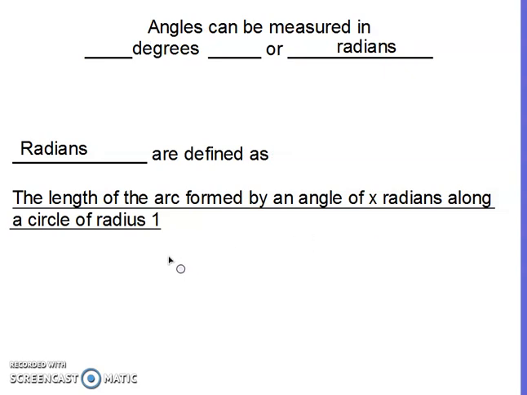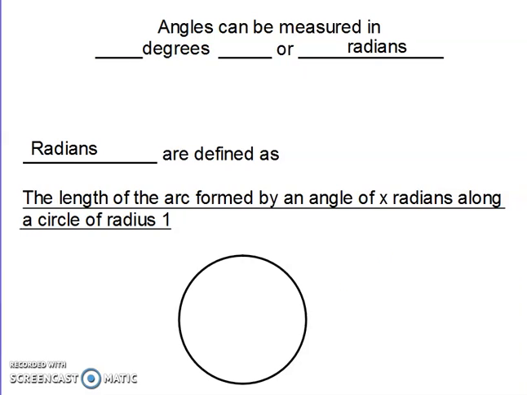If we have a circle with a radius of 1, so here's my radius, and that distance is 1 unit. If I rotate around, let's say this is a positive angle, and end at my terminal side, this angle can be measured in either radians or degrees.